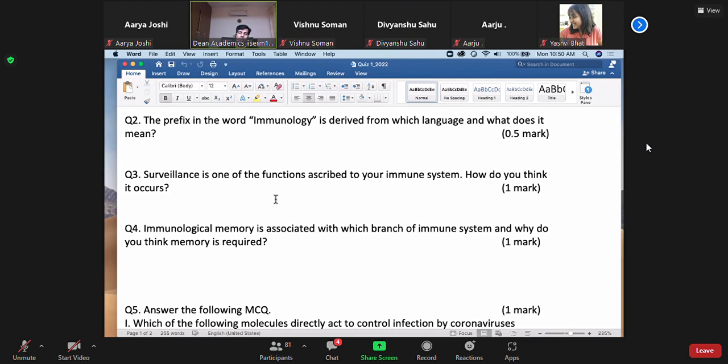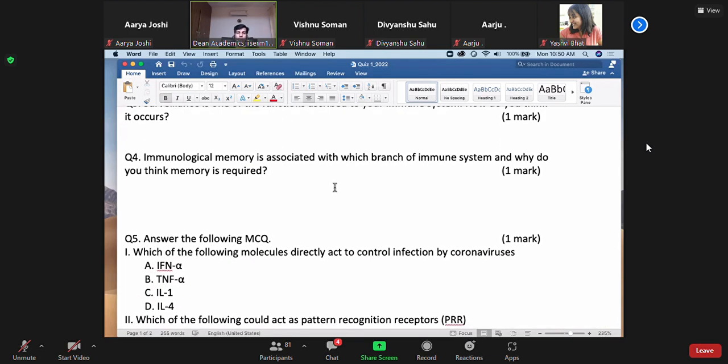For example, if you have a tumor growing in your system, the activity of your T cells and NK cells is critically involved in providing you the surveillance. Immunological memory is associated with adaptive immune responses, for both B cells and T cells.